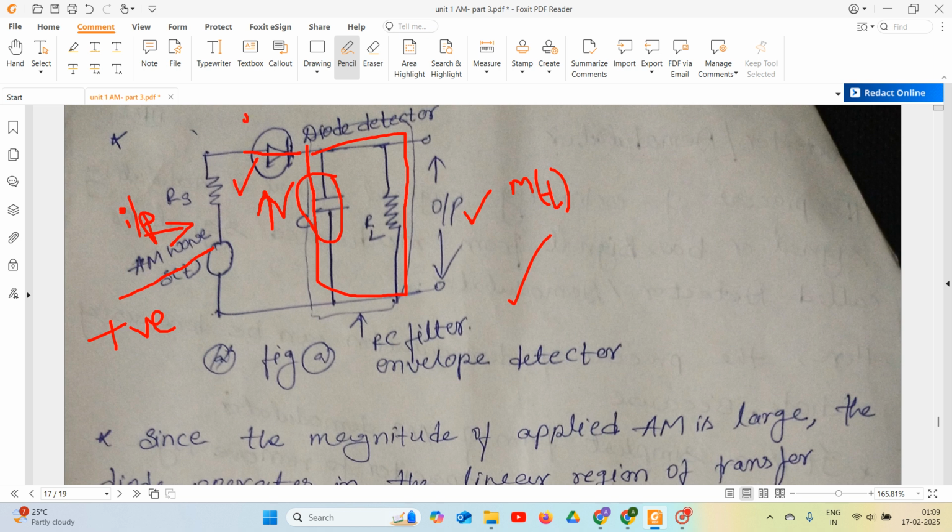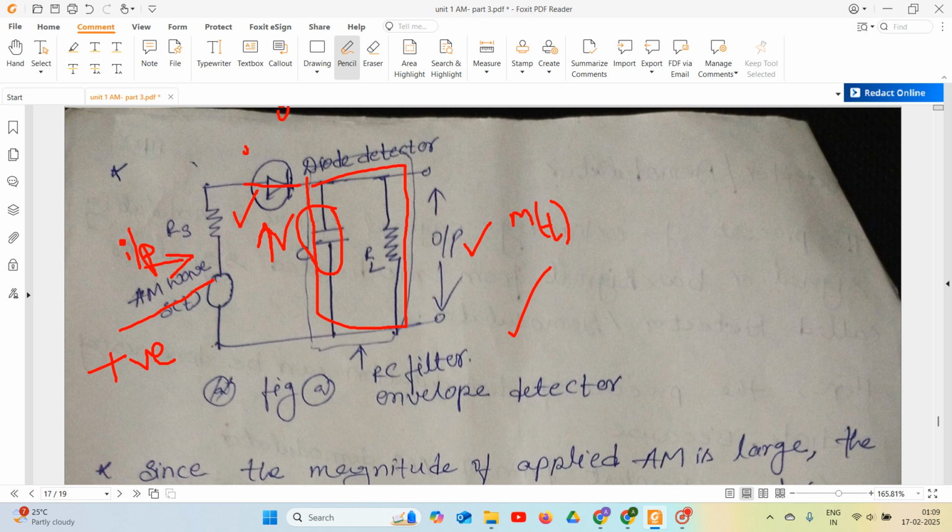During forward bias it is short, during reverse bias it becomes open. So all the voltage drops across this diode, and no current flows through it. Then what happens across the capacitor? It starts to discharge slowly through the load resistance RL.